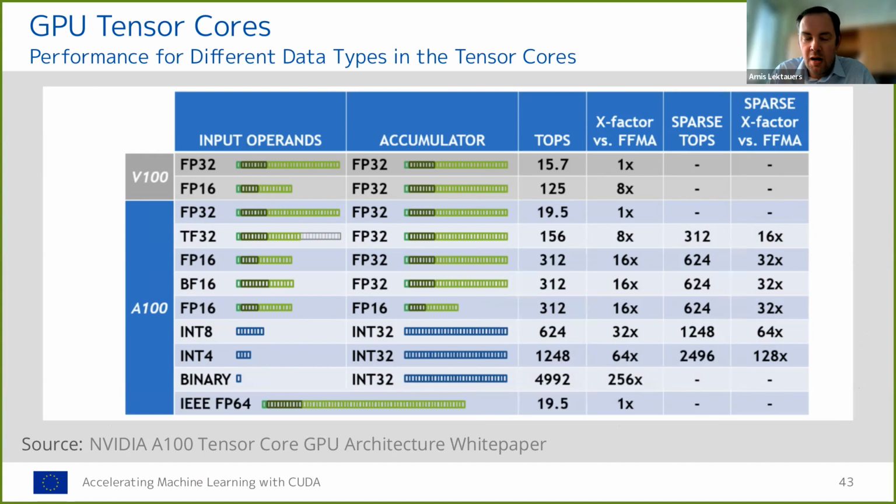Starting from the Ampere generation, an interesting thing there is the support for several new floating point and integer types. For example, one promising type is the tensor floating point format, shortly TF, as well as BF. BF, as you probably know, comes from brain floating point. That is a format invented by Google, and therefore it is named brain floating point.